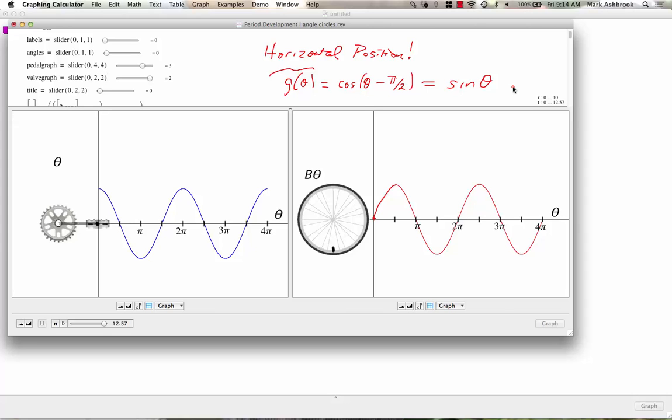Is it okay? So why? Because sine and cosine are just a matter of shifting pi over 2 from each other. So if we graph both sine and cosine on the same graph, let's see.